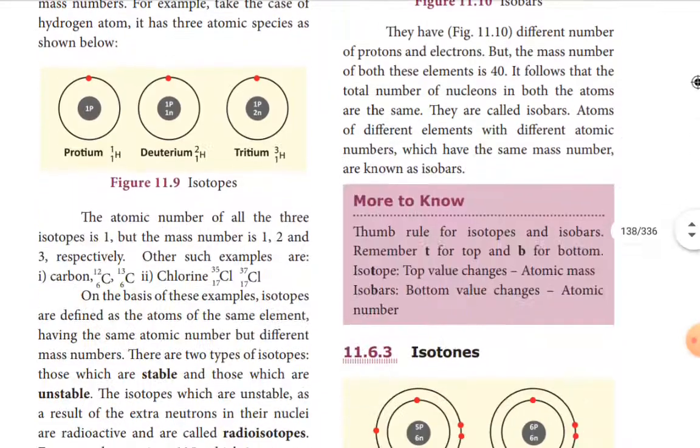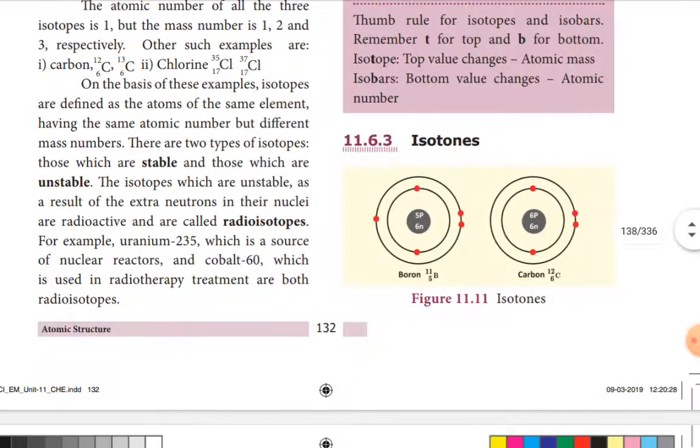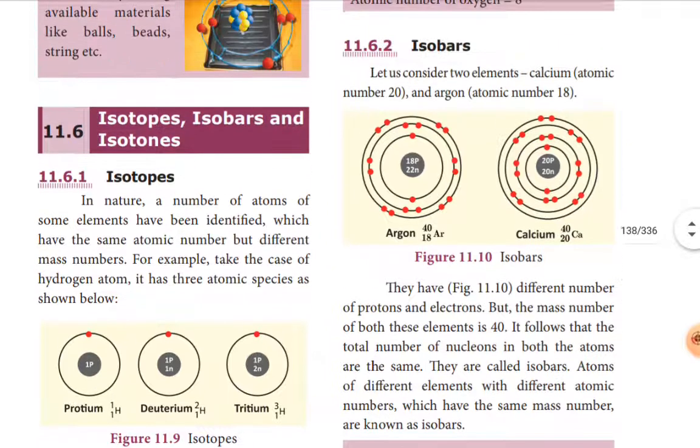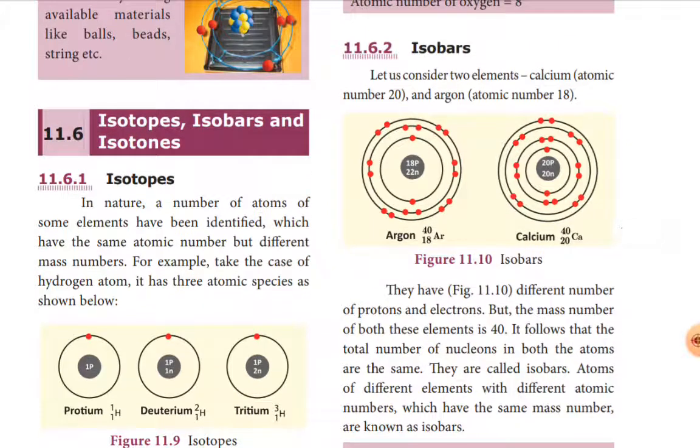Then the next one, isotones, they are entirely different, that is a different element, different atomic number, different mass number, only the number of neutrons is the same. So we will discuss isotopes, isobars and isotones in detail in the next class.